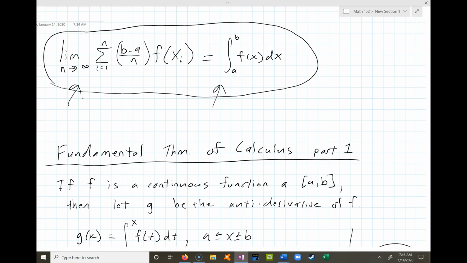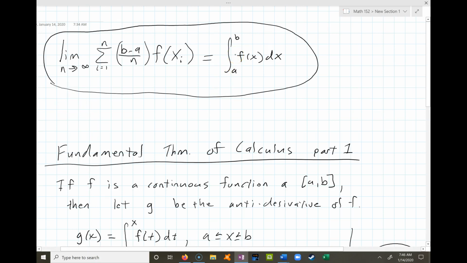Then we discovered that if we let the number of rectangles be n, and let n approach infinity using the limit process, then we're no longer estimating the area under the curve, but finding the exact area. What we made a connection with just recently was that you can do that same process through what is called integration.